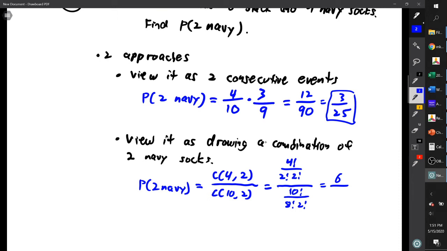Oh, 90. Hold on a second. Back up here. 10 times 9 is 90. But when you cut that in half, you get 6/45ths, not 6/50ths. So 6 can divide by 3, 45 can divide by 3. So yeah, 2/15ths.